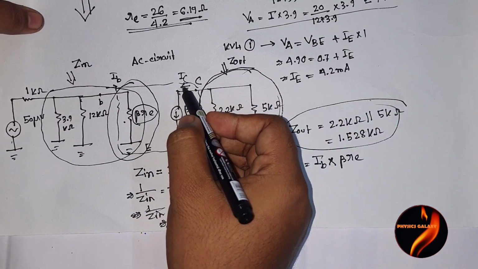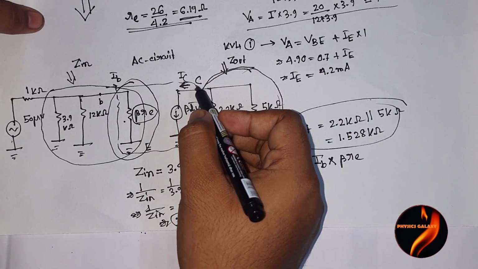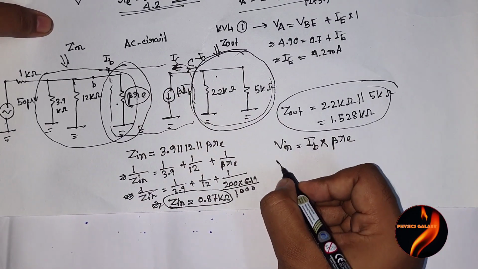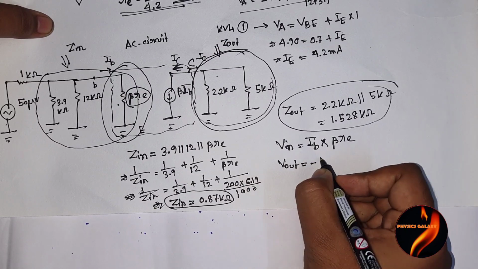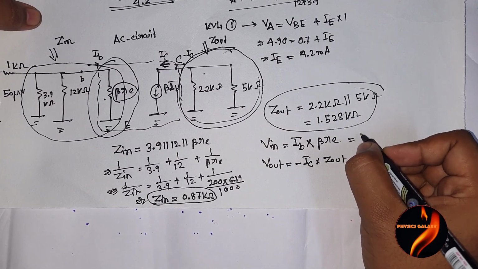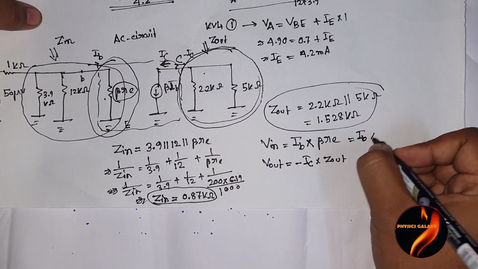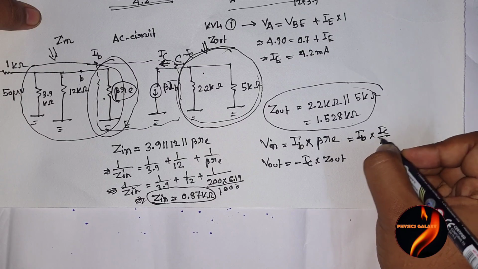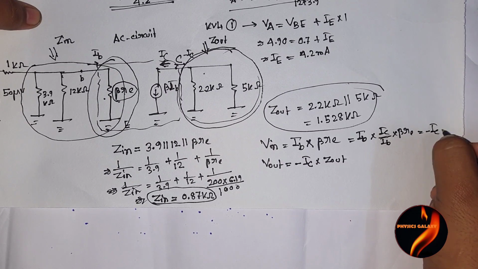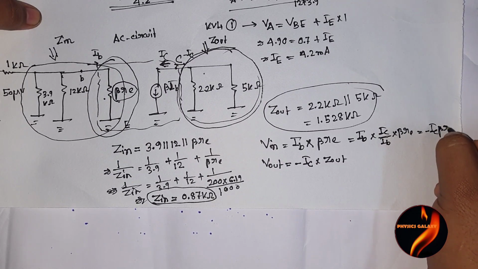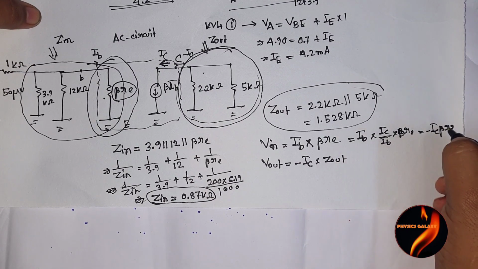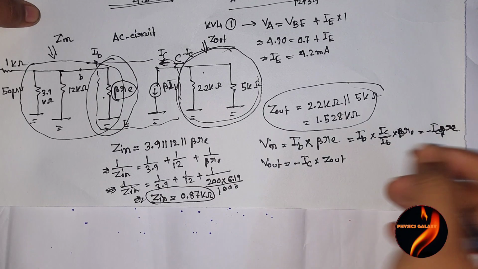The current here is IC, so the current through these two combinations will be minus IC, and the output voltage is minus IC multiplied by Z out. Simplifying, since beta is IC divided by IB, the input voltage is IC RE.